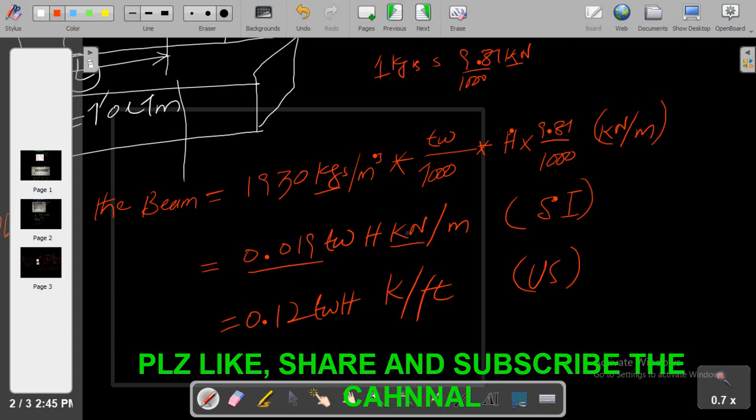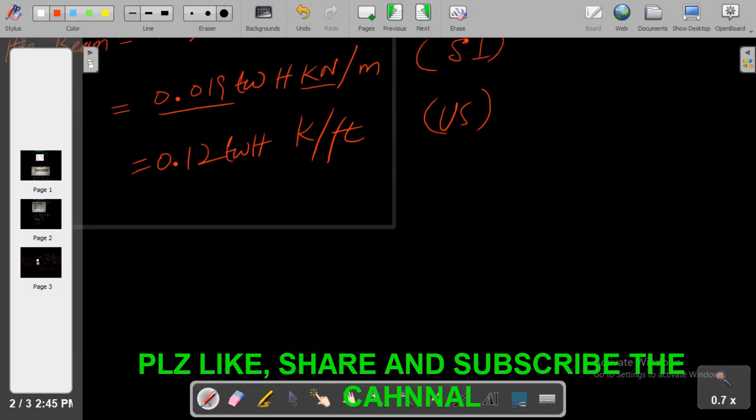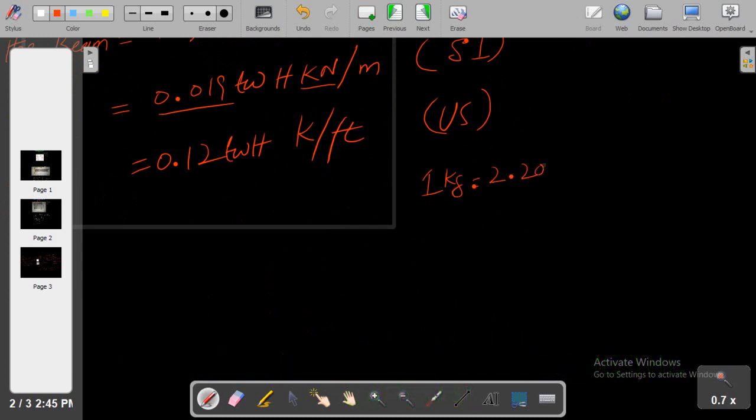We know that 1 kg equals 2.204 pound, and 1 kg is also equal to 9.81 newton.